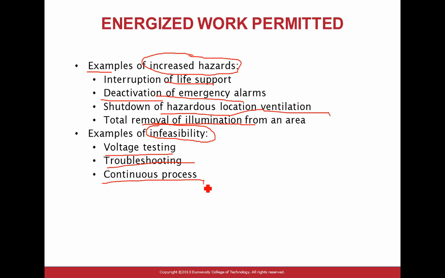My understanding of continuous process is that if you shut it down, you will create more hazard. So those are examples of infeasibility. Any comments, guys, about these examples? So productivity: shutting down because I want to continue making money is not an exception.